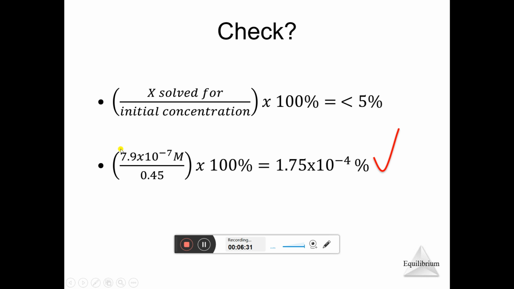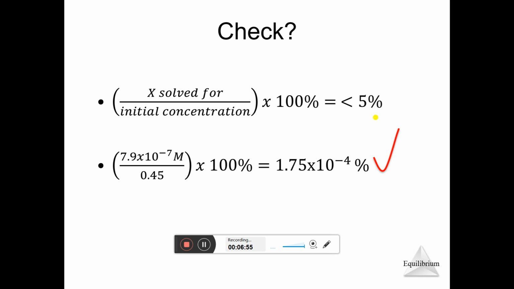The x that you solved for divided by the initial concentration times 100% must be less than 5%. If you're less than 5%, you're golden, you can keep your numbers. If it's greater than 5%, you're going to have to go back and rework the math using the quadratic equation.